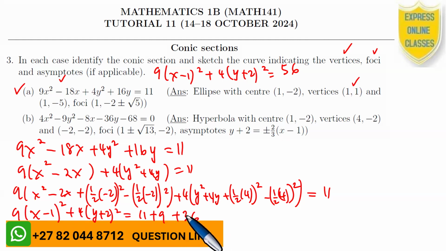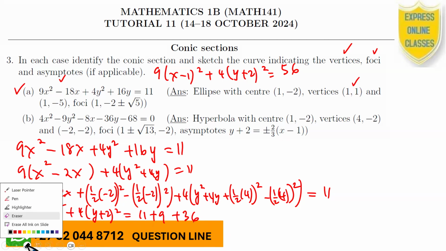Okay, the 9 and the 36, because this factorization is going to have the trinomials.